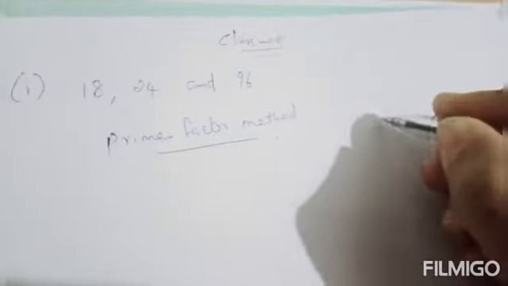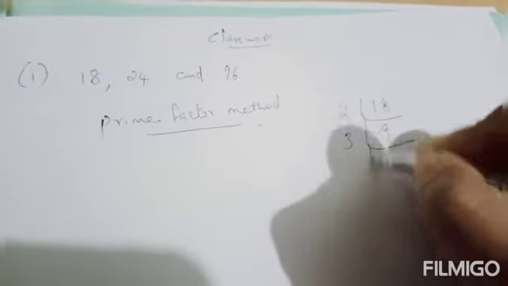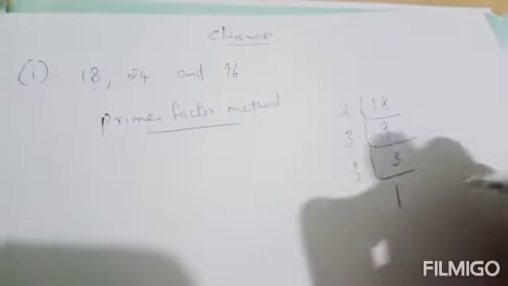So here 18, 24 and 96. Do the prime factorization of 18 first. 18 you can divide by 2, you will get 9. 9 you can divide by 3, you will get 3. 3 by 3 you will get 1.